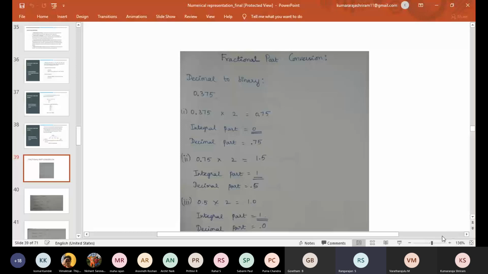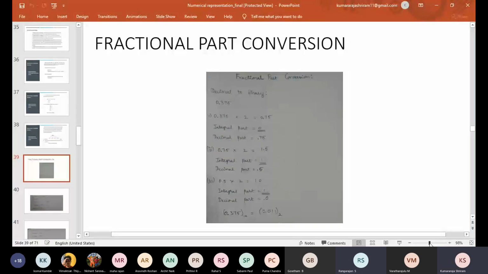So at last, when the decimal part comes to 0, we take all the integral parts from each step and merge them. That is the answer: 0.375 to the base 10 is equal to 0.011 to the base 2. The next slide shows the conversion of decimal to octal.